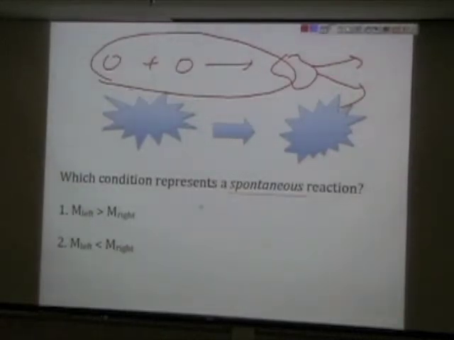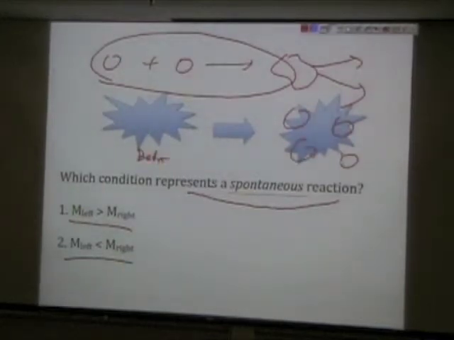So, if we talk about a spontaneous reaction, we wait, do nothing, and it decays. Which do you think would be the correct relationship between the masses before the reaction and after the reaction?